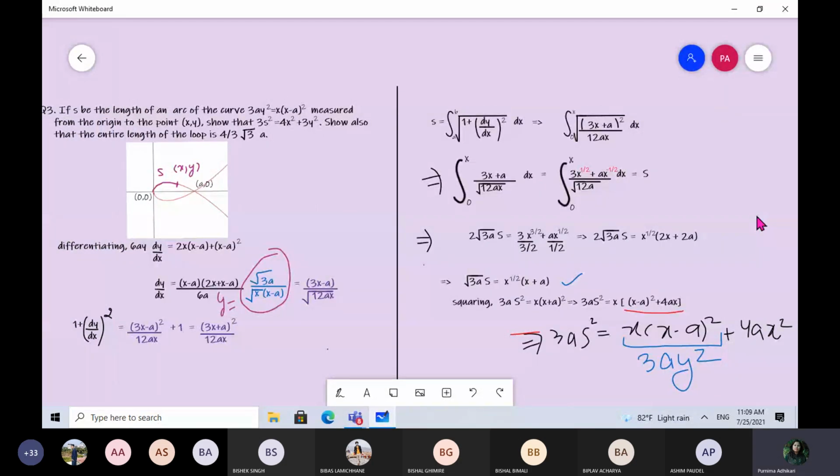Okay, ठीक छ हेऱ्यो कतै डाउट? Anybody having any doubt? Okay, so simple integration छ, integration गरेपछि this is how you are going to prove भइसक्यो.